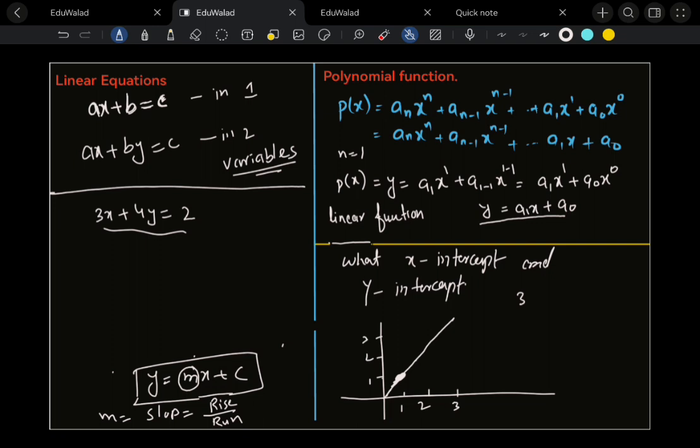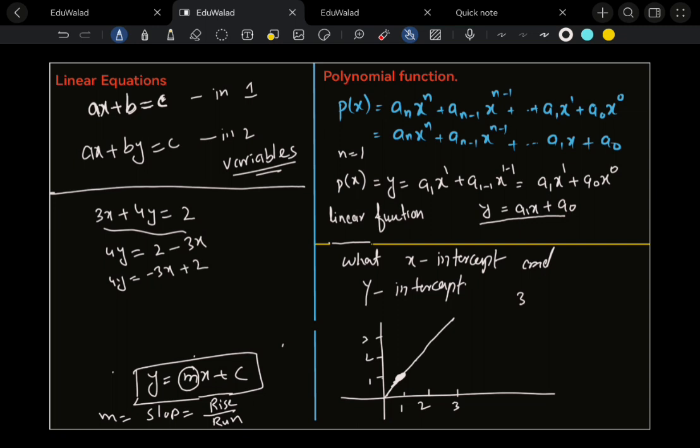So let's find the slope. 4y is equal to 2 minus 3x. We can also write it as 4y is equal to negative 3x plus 2.